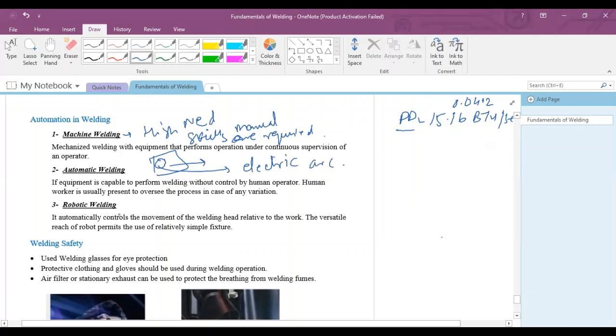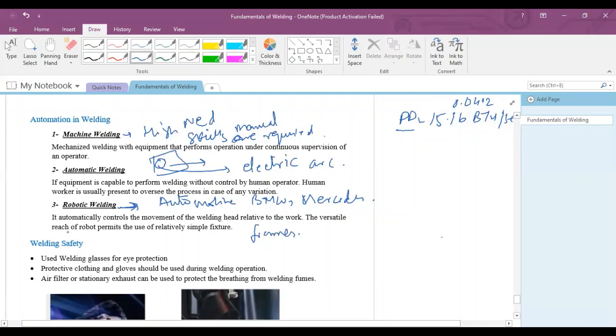Robotic welding is widely used in the automotive industry, like BMW, Mercedes, Audi. They are using robots to weld the automobile frames.